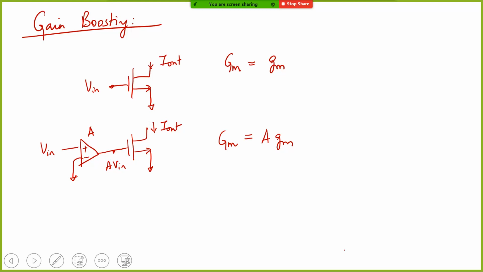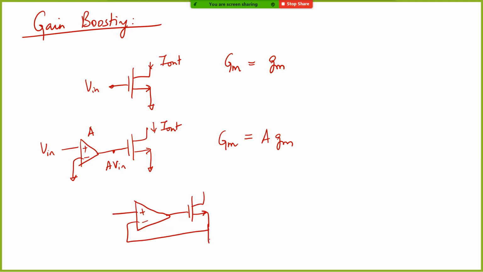Okay. Now you can basically say that instead of grounding the negative terminal of this op amp, I'm just going to connect it to the source. So my op amp is going to be like this. This again is basically A times GM if you ground it.